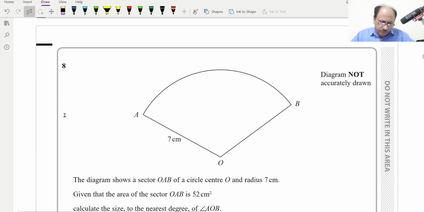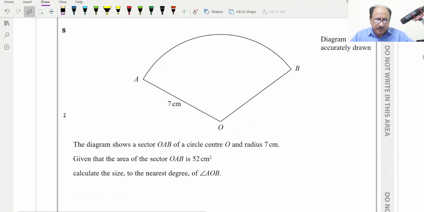Now we can move to the next question, question number 8, and the diagram is not accurately drawn, they have mentioned, and we'll have to be careful. We will not be measuring angles. And the question is, the diagram shows sector OAB of a circle with center O, and the radius is 7. So this side is 7, this side will also be 7 centimeters.